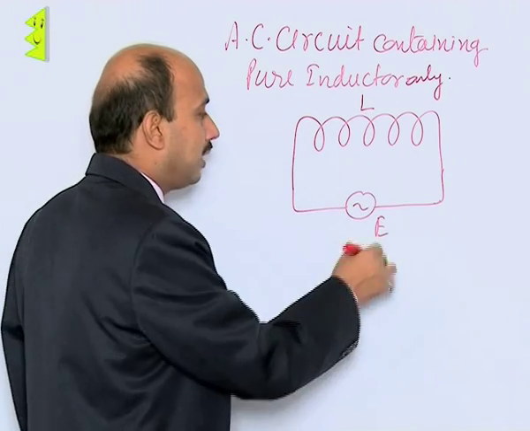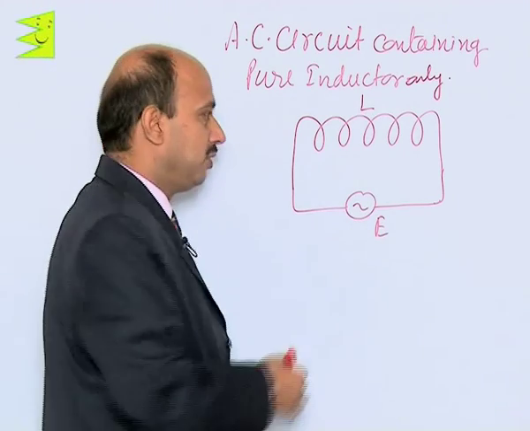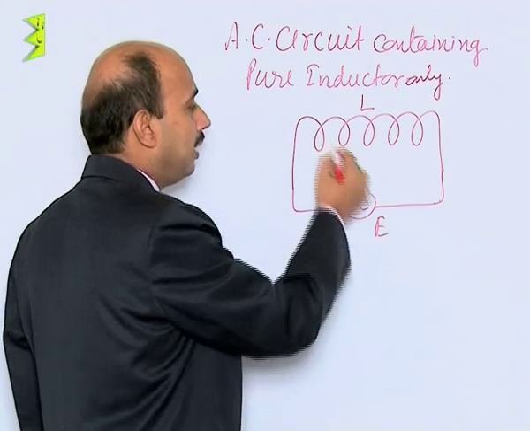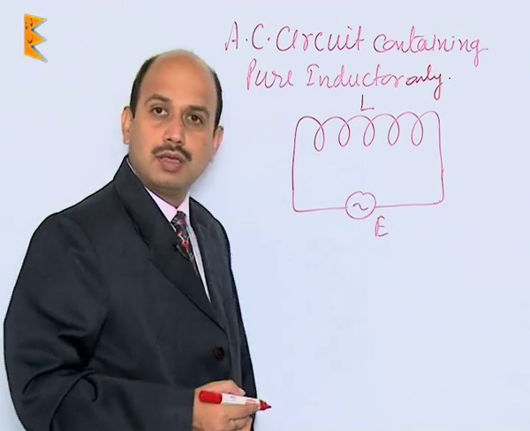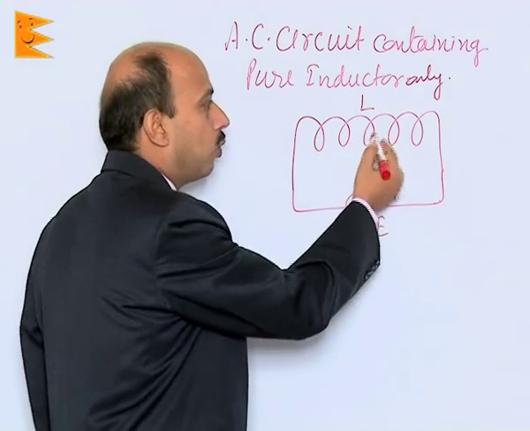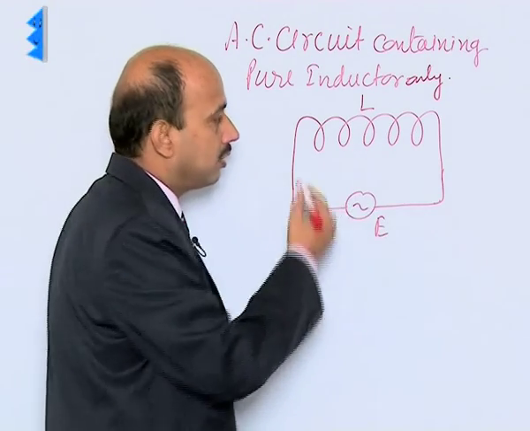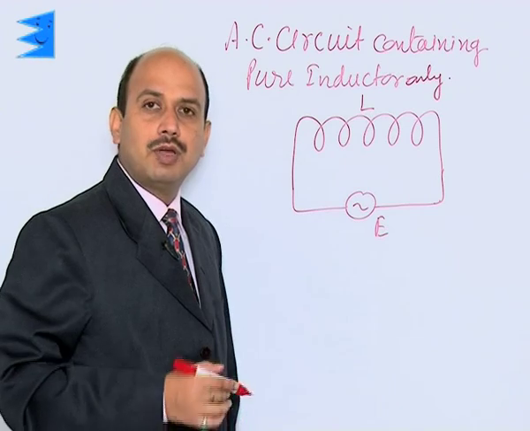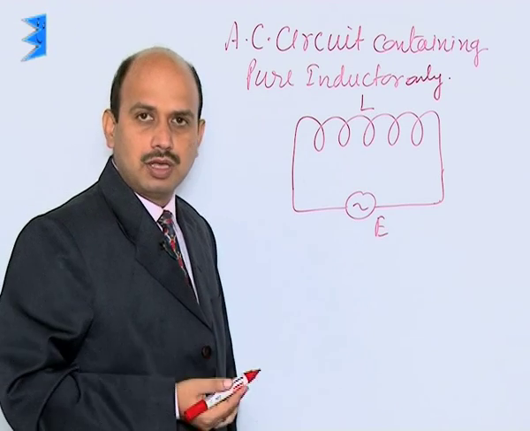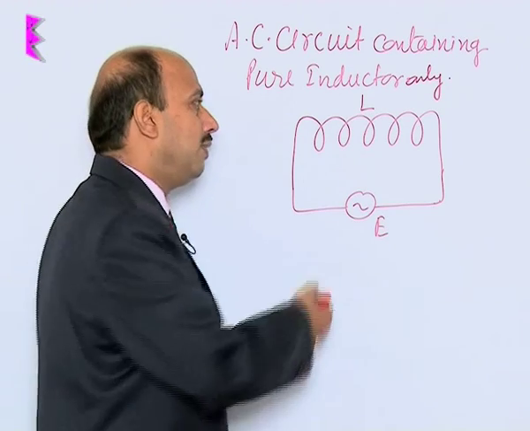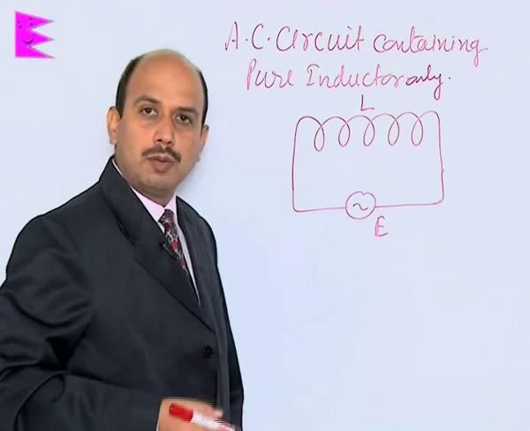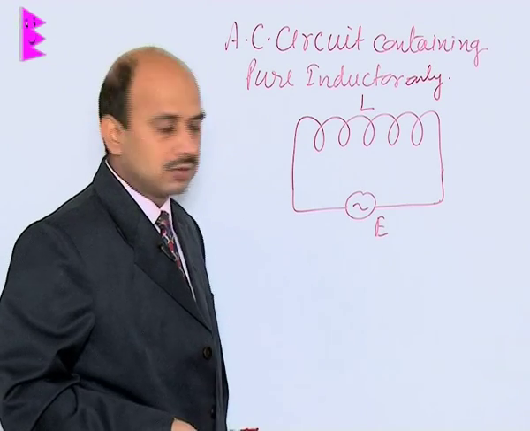Now what happens when the current is passed through this? As the external EMF is applied, an EMF is induced in the coil, which opposes the increase and also the decrease of the current in the circuit. According to Lenz's law, whatever EMF is induced opposes the increase or decrease of the current.